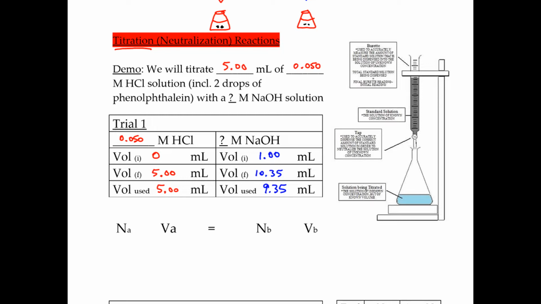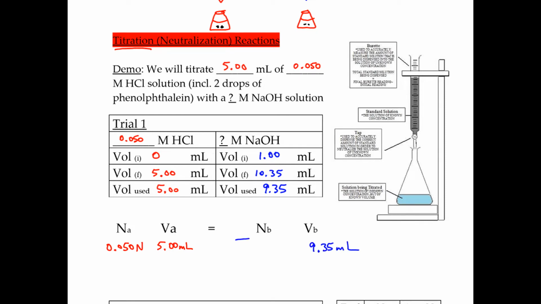So let's copy down what we know. The normality of the acid is 0.05. So let me write that in red. 0.05 normal, which was the same as the molarity. The volume of acid we used was 5.00 milliliters. Then we know the volume of the base we used was 9.35 milliliters.